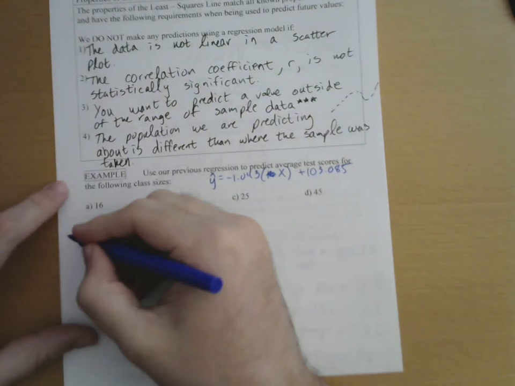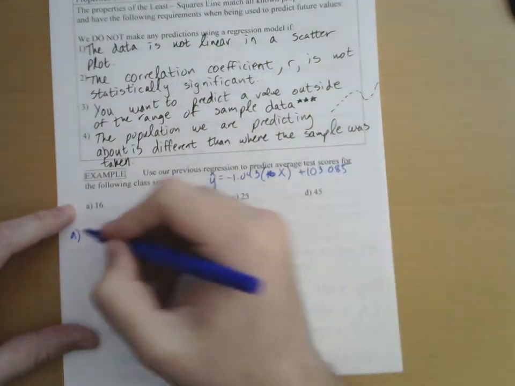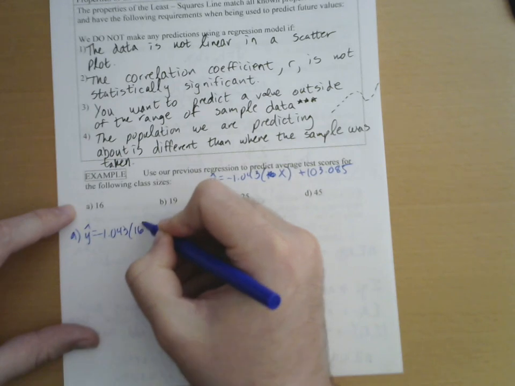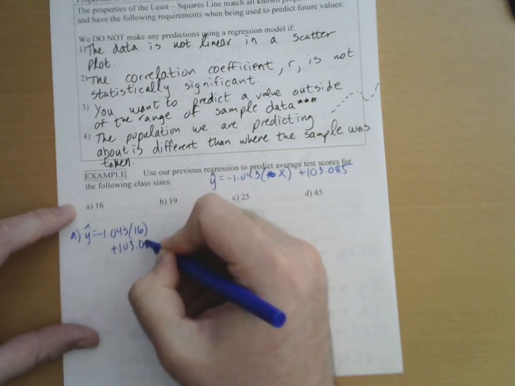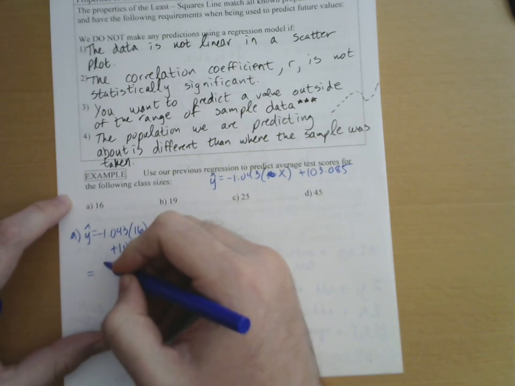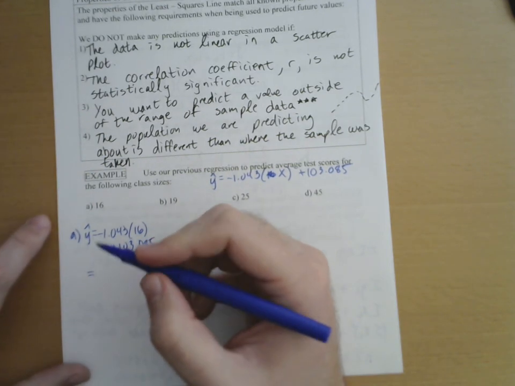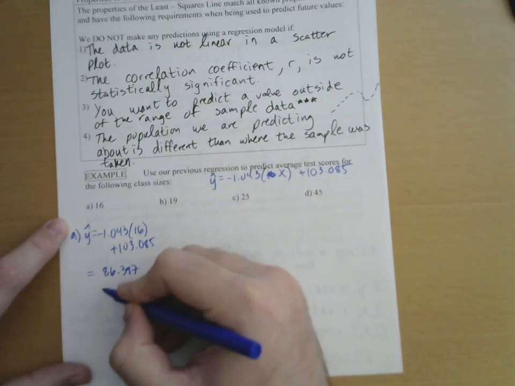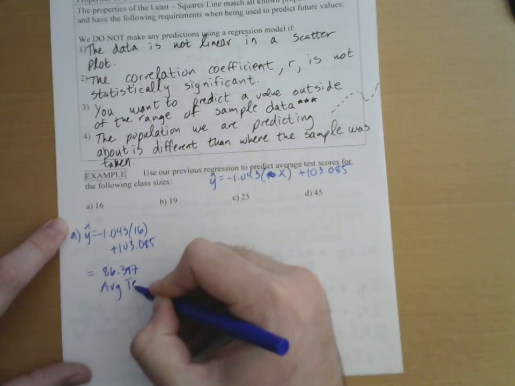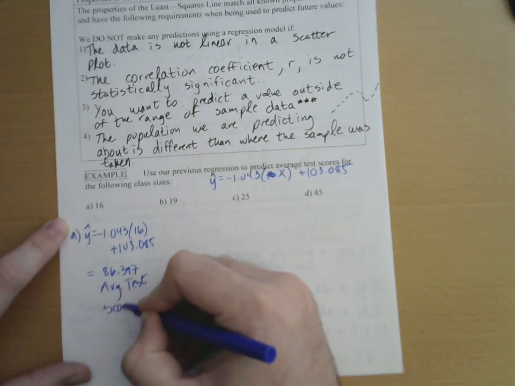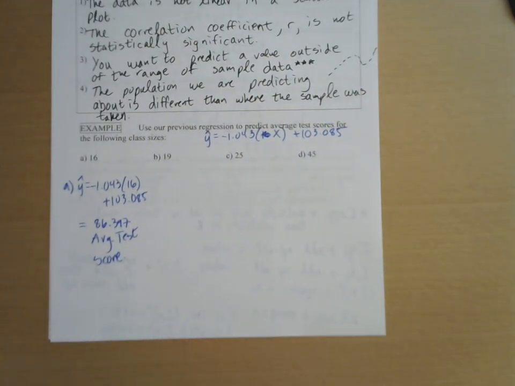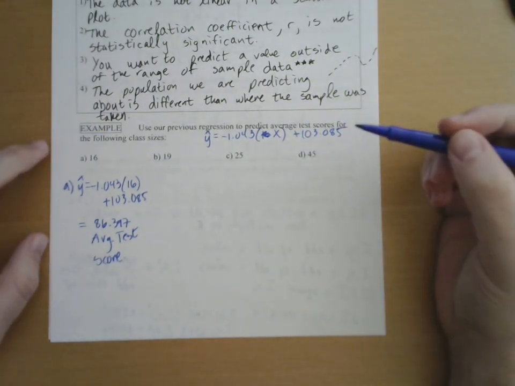So all you do is plug in your number. y hat equals negative 1.043 times 16 plus 103.085, and this gives us 86.397, and this is average test score. So for a class size of 16, we predict the average test score to be 86.397.